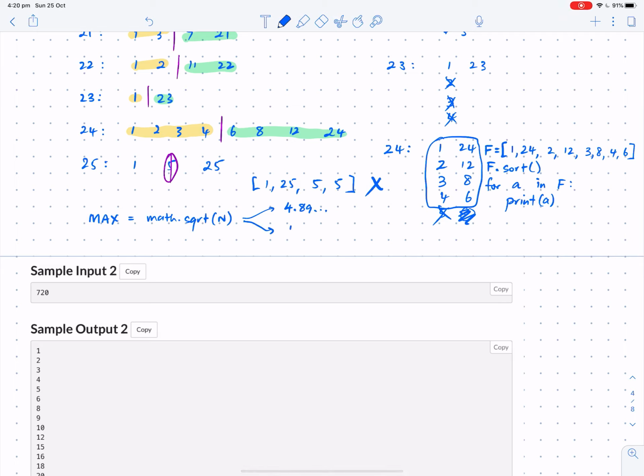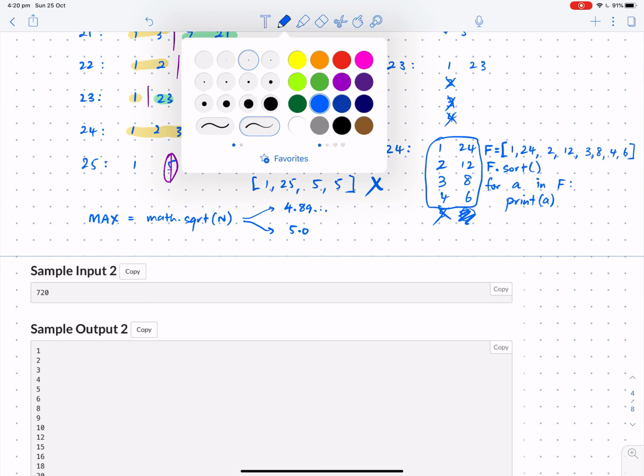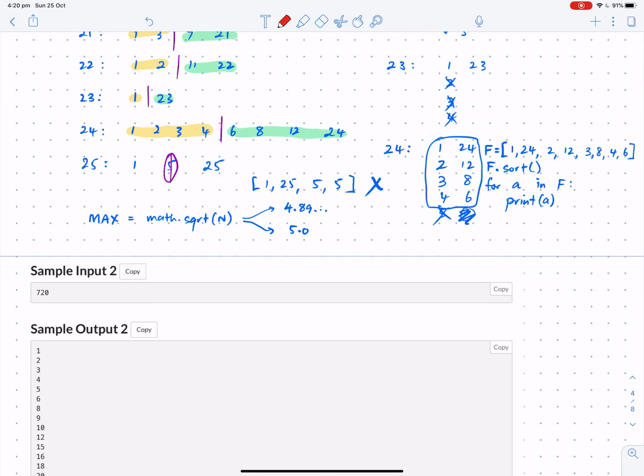And if n was 25, we'd get 5.0. Now, if we run that through the ceiling function, then in both cases we'll get an integer 5.